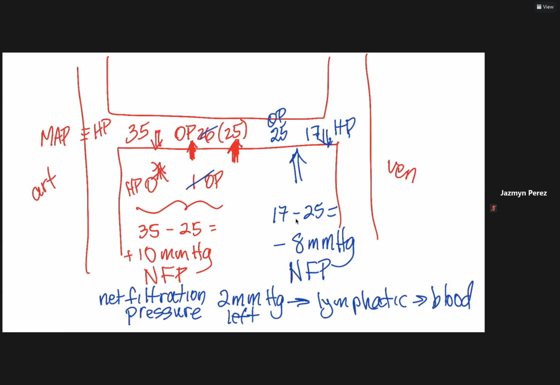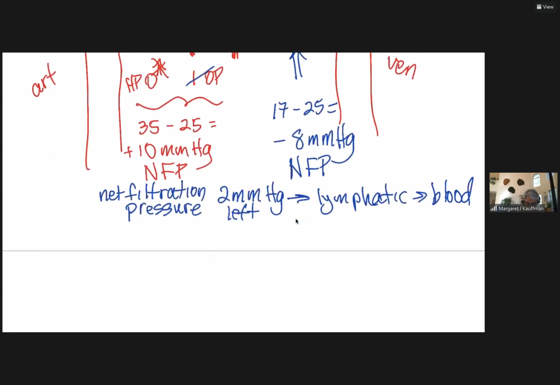But then it brings up in the last part, what happens if you change mean arterial pressure? So let's take a look at somebody where that happens. Let's say at the arterial end, instead of the hydrostatic pressure being 35, they have low blood pressure, lower than normal.